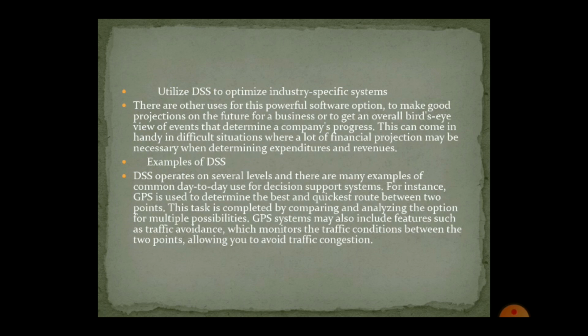This task is completed by comparing and analyzing the options for multiple possibilities. A GPS system may also include features such as traffic avoidance, which monitors the traffic conditions between the two points, allowing you to avoid traffic congestion.